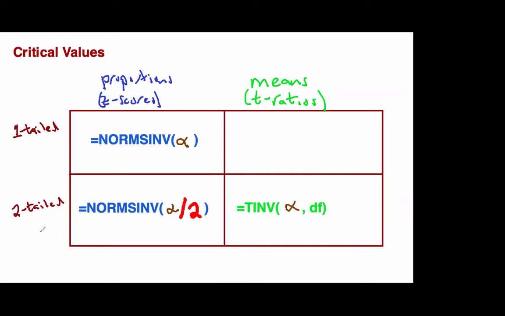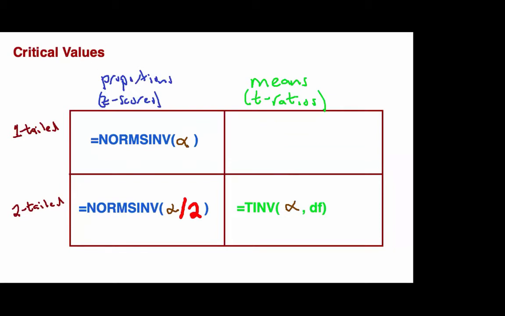So it defaults to a two-tailed test, which means in the same way that I had to divide by 2 here to go from one tail to two tail, if I only want a one-tailed test and it's going to default to 2, I'm going to trick it and tell it that my alpha is twice as large.